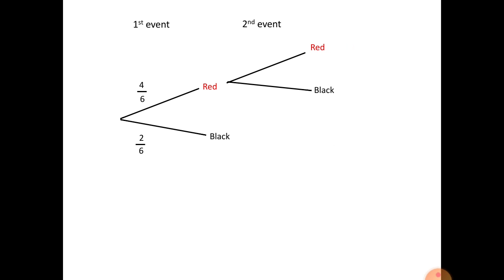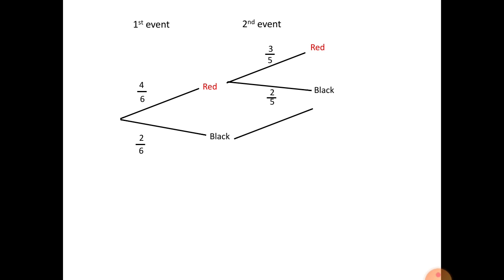For the red pencil, there will be a reduction of 1, so now there will be 3 pencils only. Now the total will be changed to 5, so we can write it as 3 over 5. For the black pencils, it does not change, so we can write it as 2 over 5.